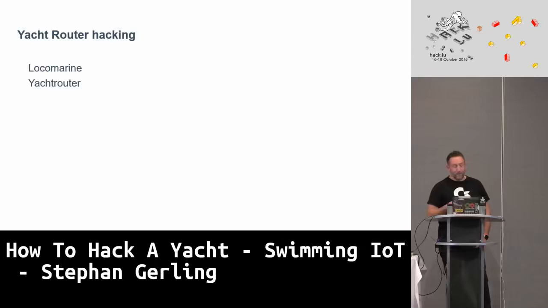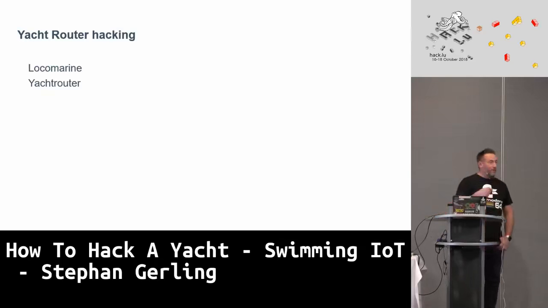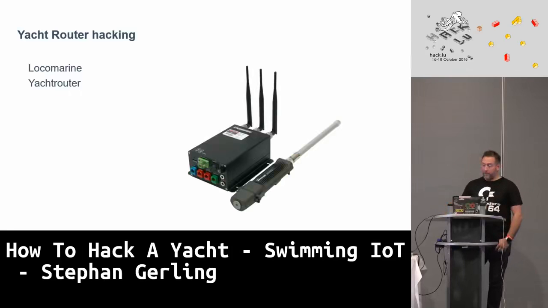So now we come to yacht router hacking. When I was working on that ship I mentioned before, I put in place a new internet router. It was specialized for maritime equipment, and I was looking at, okay, what is it? So this is the device.